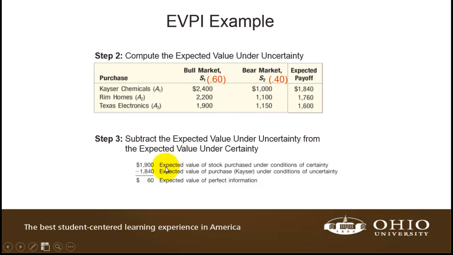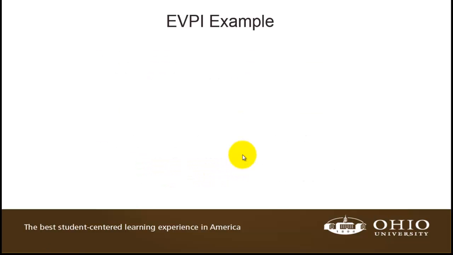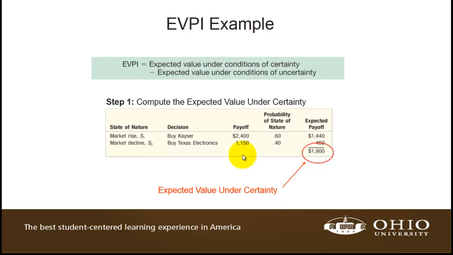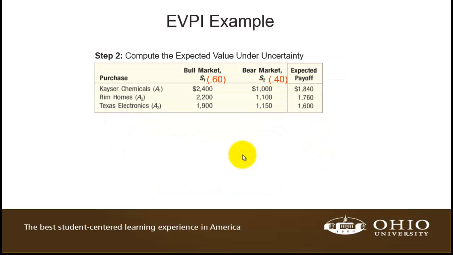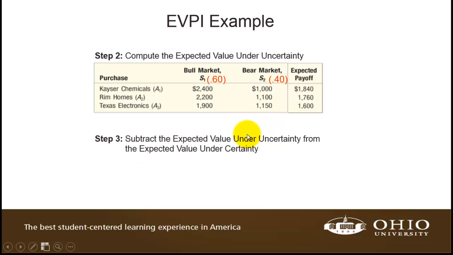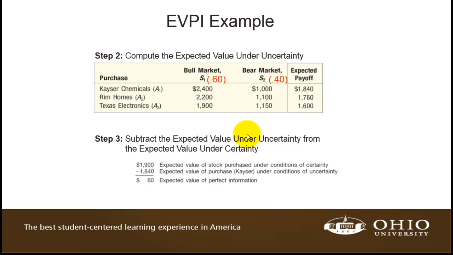So if we take the expected value determined under certainty, which we just looked at a minute ago, the $1,900, and we take the expected value under uncertainty, we get $1,840. So the expected value of perfect information is $60. In other words, I'd be willing to pay $60 if I could buy perfect information, if I were able to determine the exact state of nature.